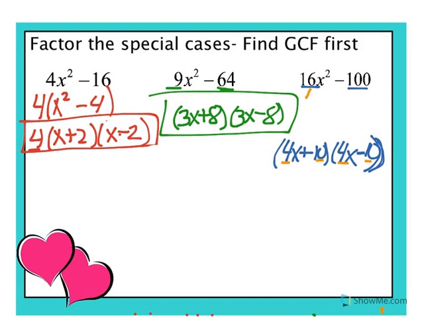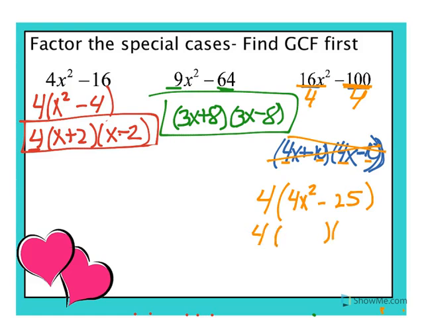4 can be divided out of both of these terms. So let's pull a 4 out. That would leave us with 4x squared minus 25. I'm simply reducing these fractions by dividing them by 4. So now, in parentheses, these are perfect squares again, so let's factor them.